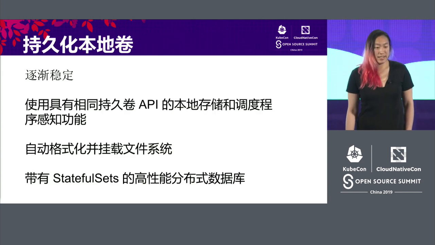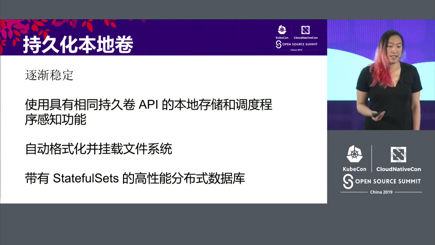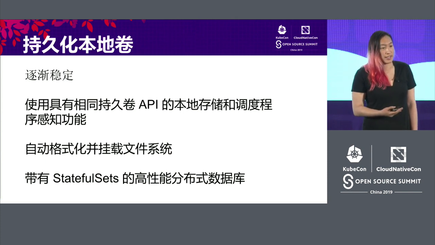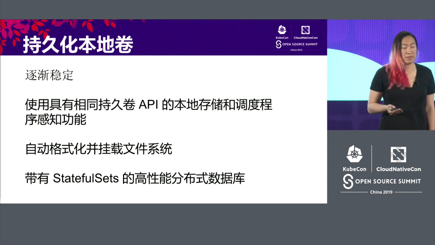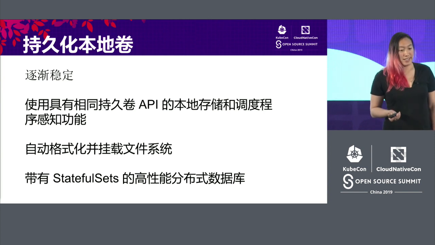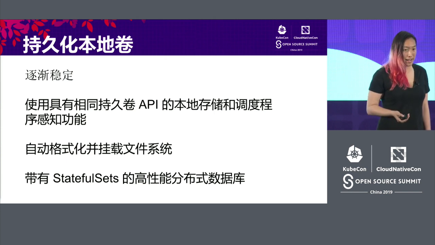And then another one for supporting new workloads is supporting more stateful services. Persistent local volume has graduated to stable. Using local storage with the same persistent volume API.